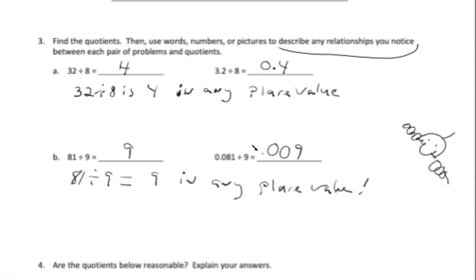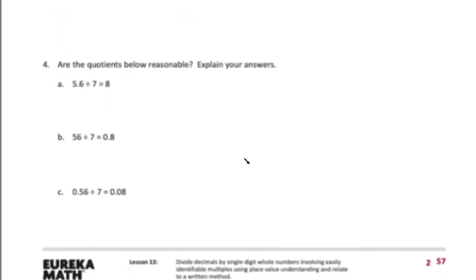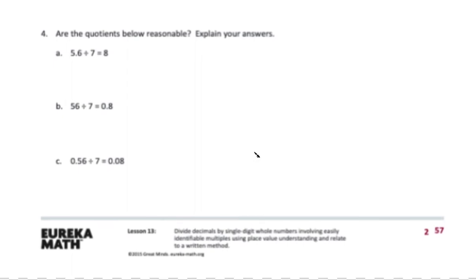Done? Okay, here we go. Are the quotients below reasonable? Reasonable just means, does it make sense? Is this a good thing to say, a correct thing to say, right? And then explain my answer. So let's see. Is 5.6 divided by 7 equal to 8? Is that reasonable?